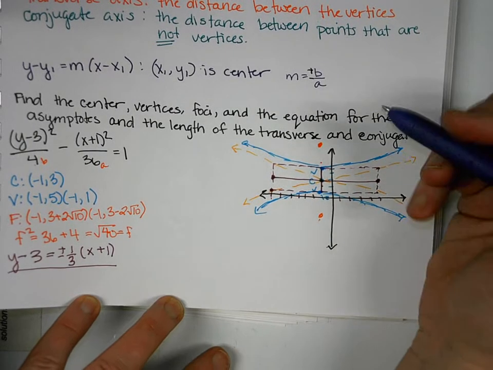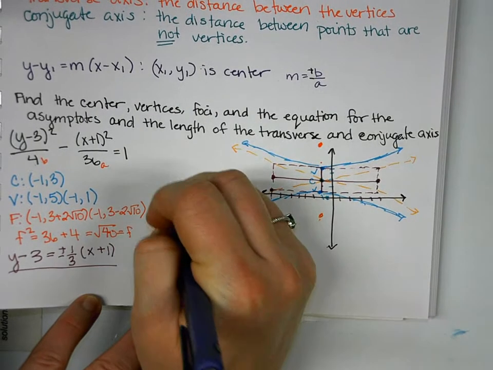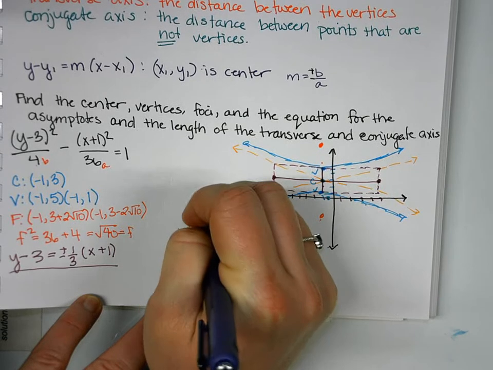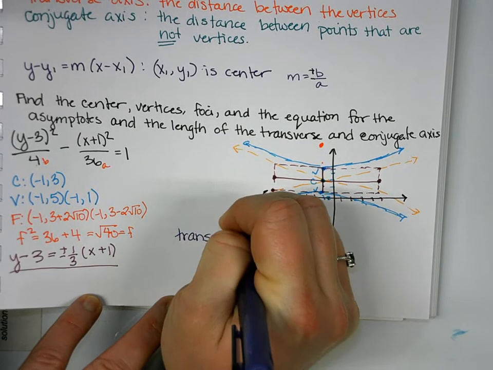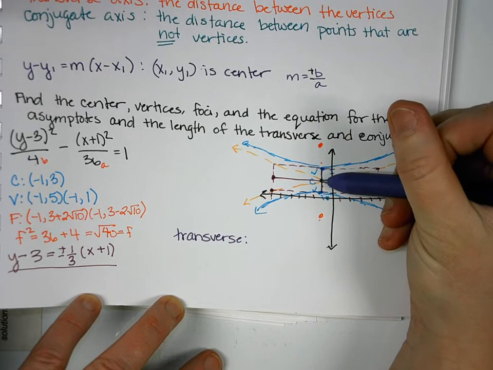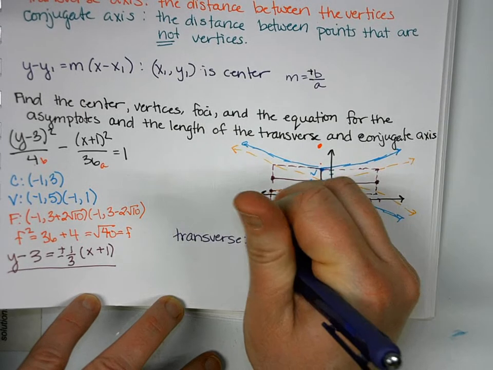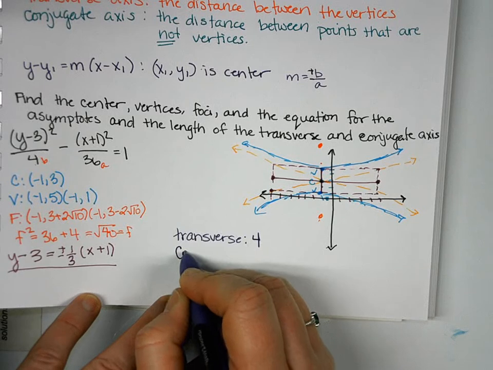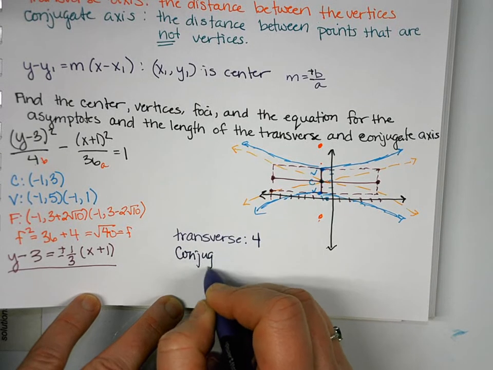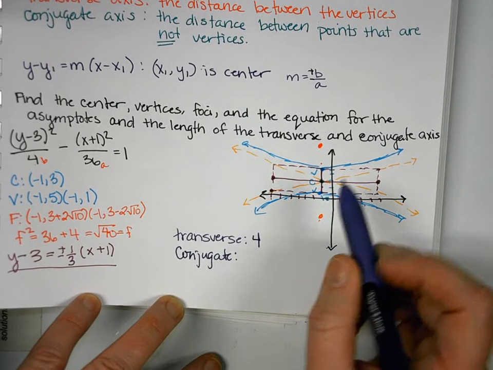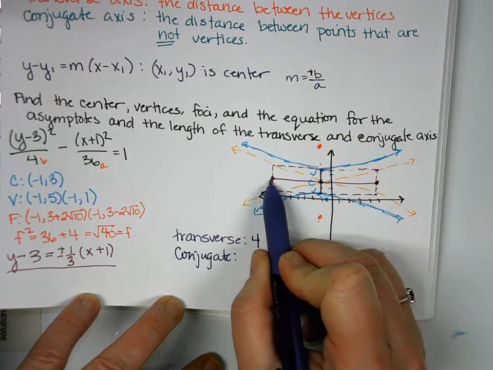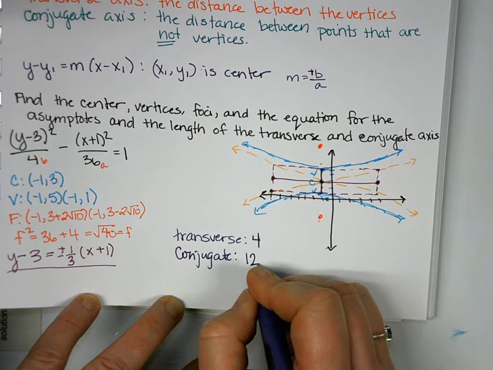So our transverse, from the center we went up 2, down 2, so that would be 2 plus 2 is 4. The conjugate, we went 6 to the right, 6 to the left, so add those together. Your conjugate axis is 12.